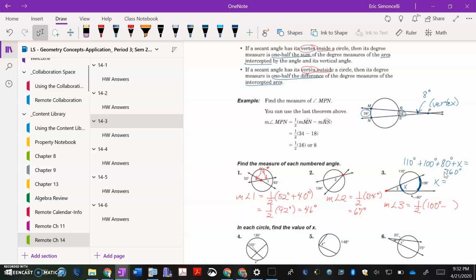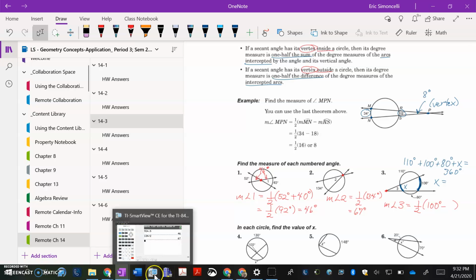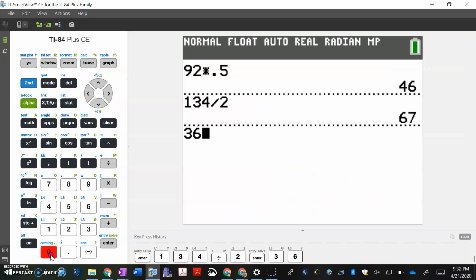I've got 100 plus 80 plus 110. So in effect, that should be fairly straightforward, I would argue. So we've got 180 plus 110. So that's easily 290. So we can simply then subtract 360 minus 290.